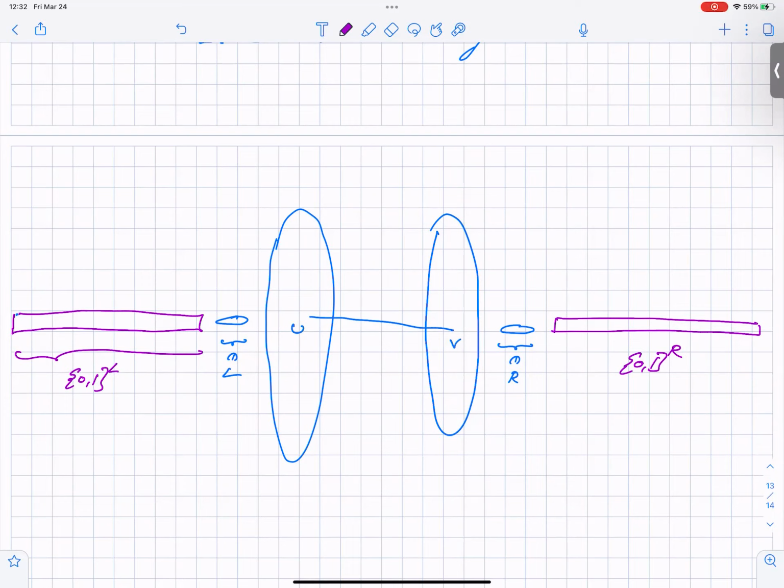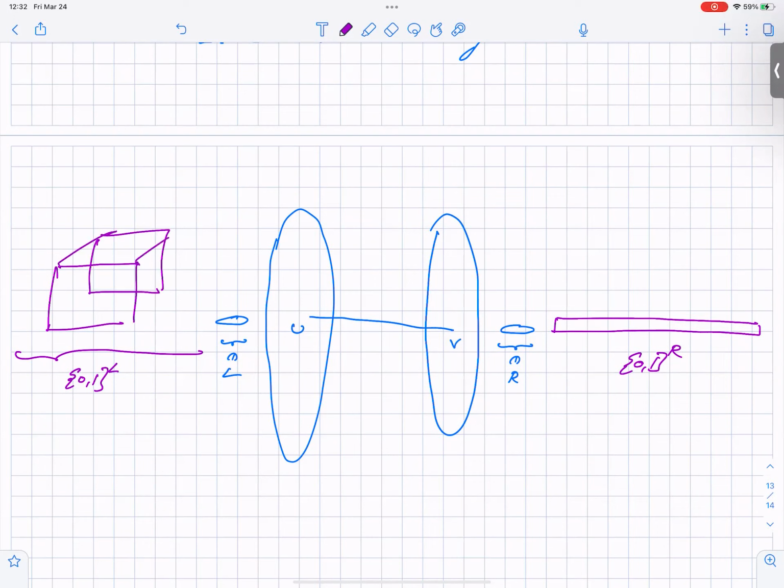The ideal way to think of this would actually be the 0, 1 to the L hypercube, and it's labeled with bits. It's a labeled hypercube. The same thing over here. The labeled hypercube.